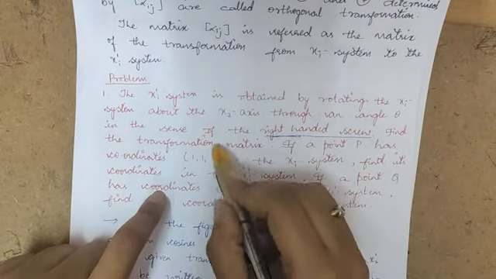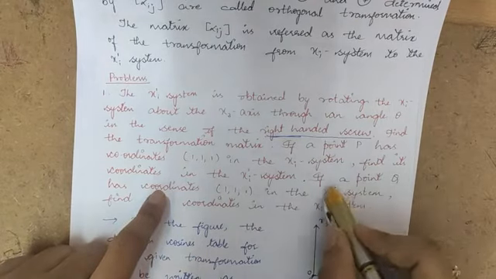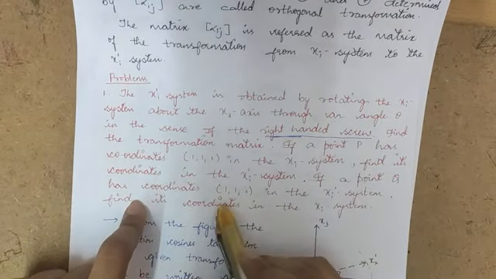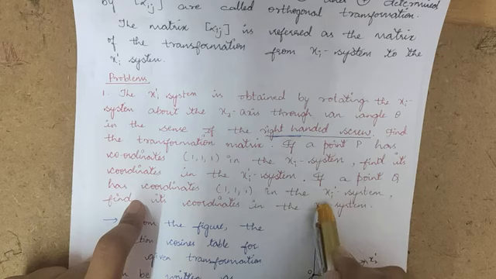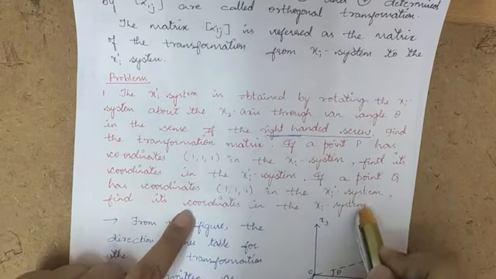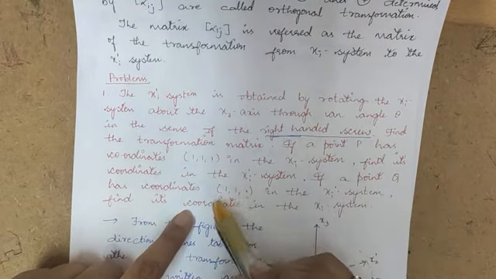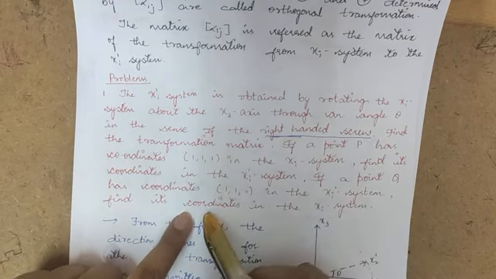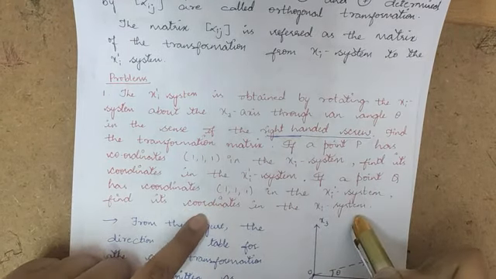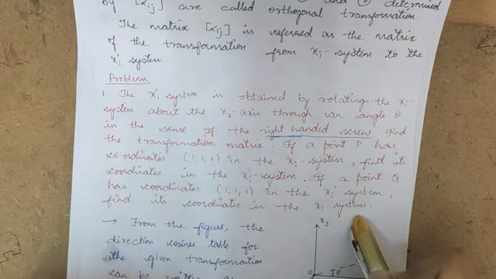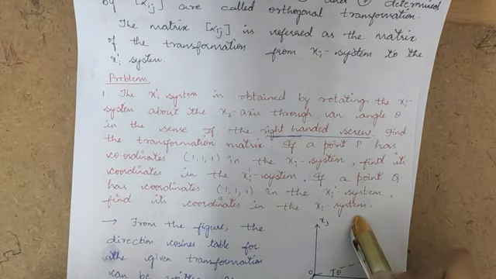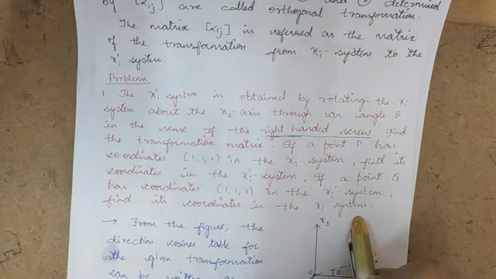Also, if a point Q has coordinates 1 1 1 in the xi prime system, here for the new system they have given the coordinates, we should find out the coordinates in our old system. These 3 points we have to find out. So let's see how we can solve this problem.